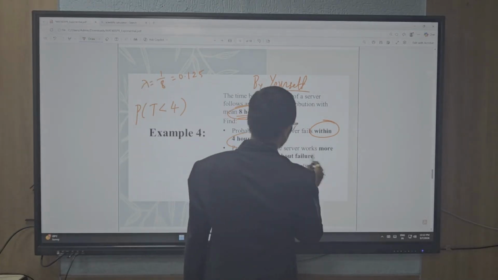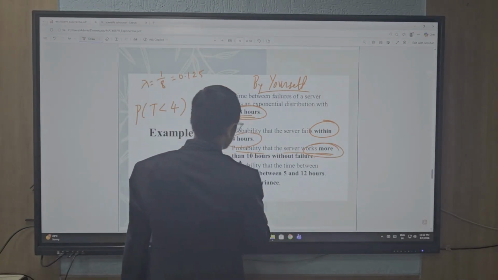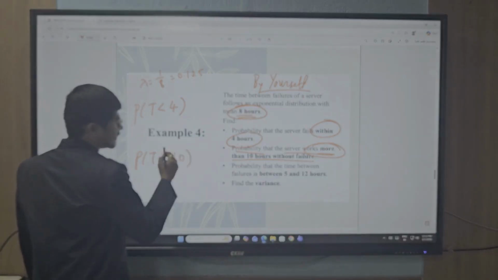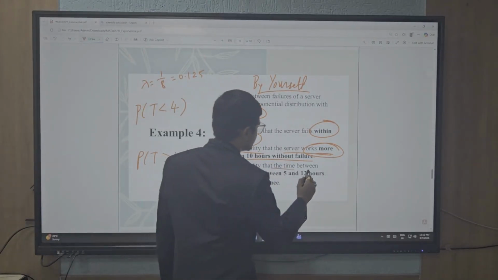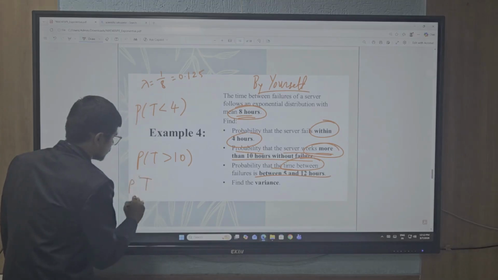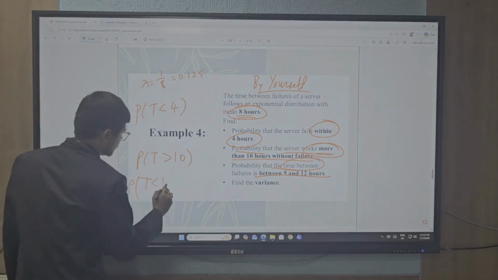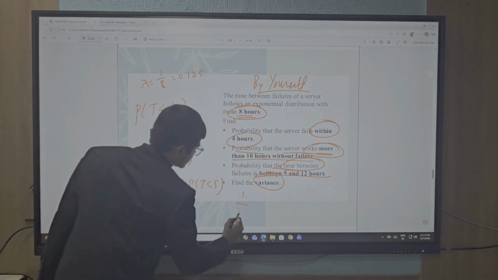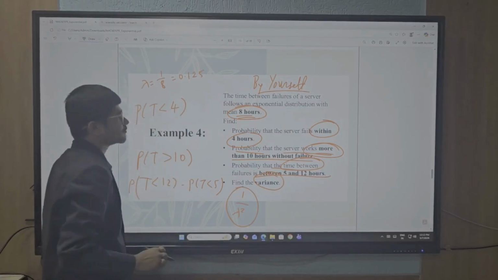Then the probability that it works more than 10, which means greater than 10. Then the probability that time is between 5 and 12, which is t less than 12 minus t less than 5, and find the variance. Variance is nothing but 1 by lambda square.